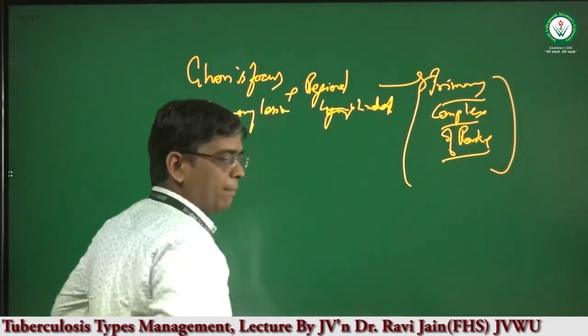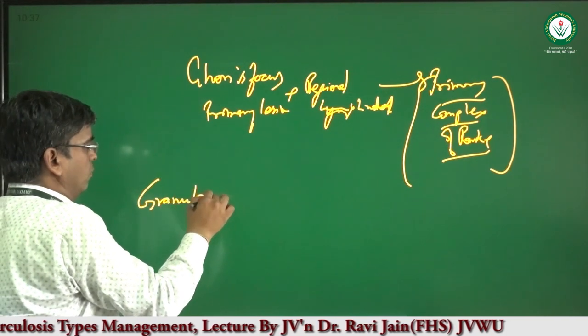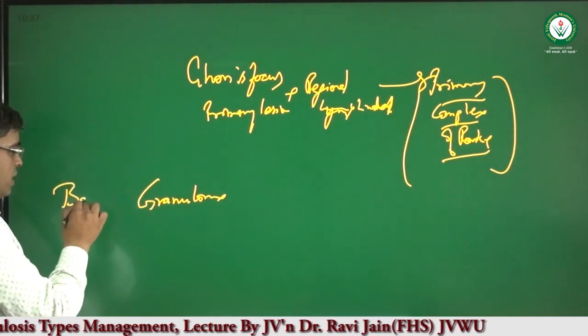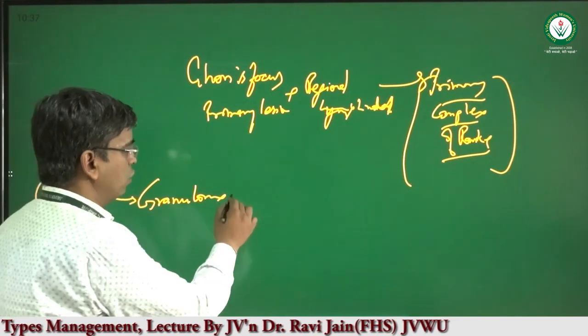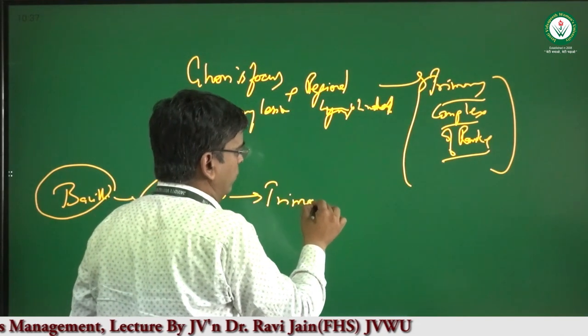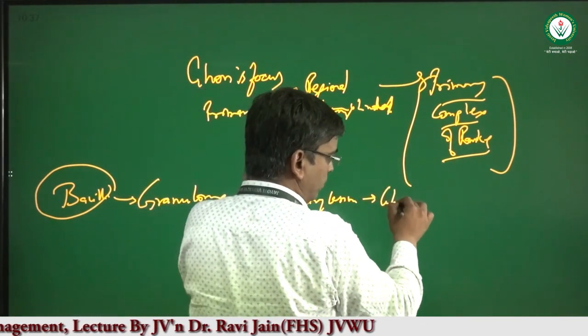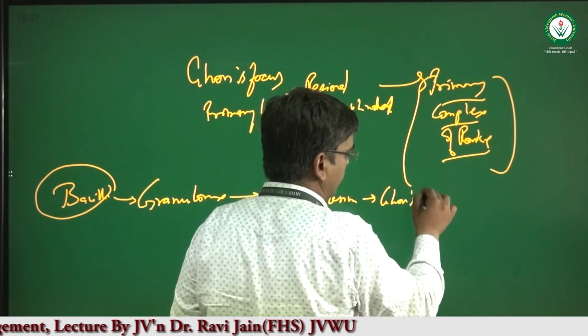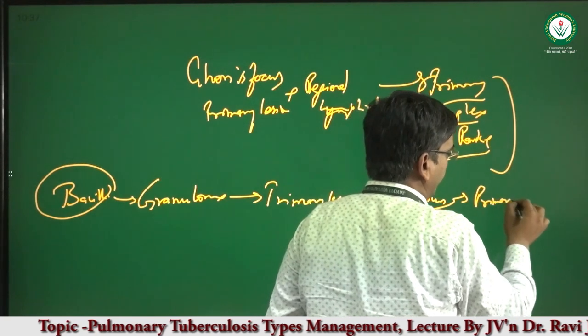So what was happening is, first of all, this bacteria is lodging in the alveoli of the lungs. This leads to formation of granuloma. This granuloma leads to formation of the primary lesion. This primary lesion forms the Ghon's focus.